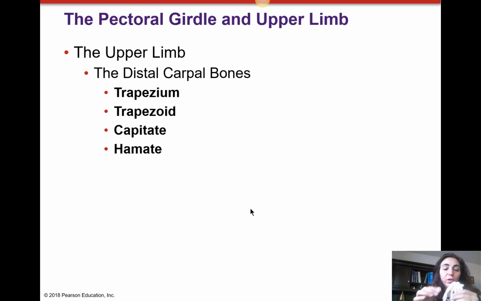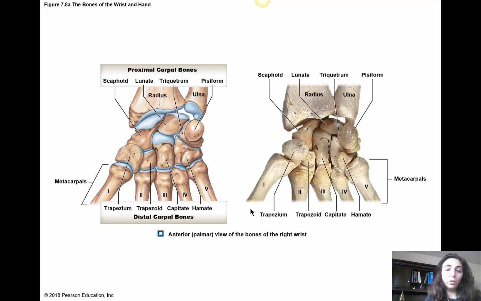Then the distal row that we have here, again from the side of the thumb, we have trapezium, then trapezoid, capitate, and hamate, right? So those are the lower row. And this hamate has this process, if you can see that from the side, that makes it easier to recognize. So here in this picture also you can see that after the radius and ulna you have these 8 bones.